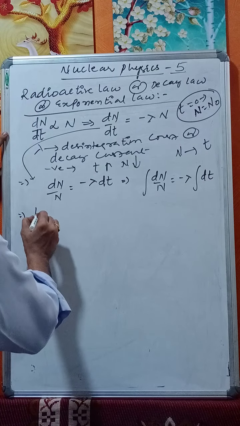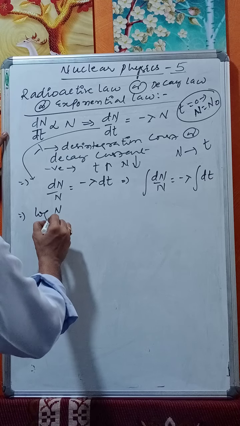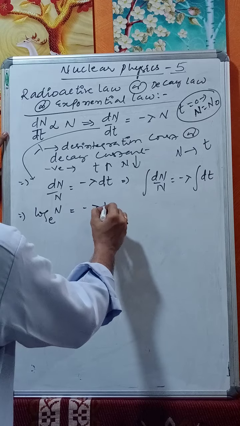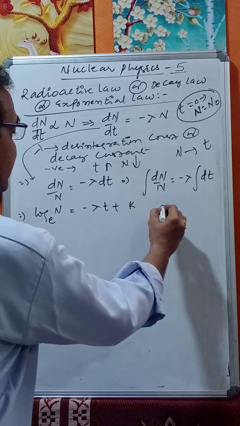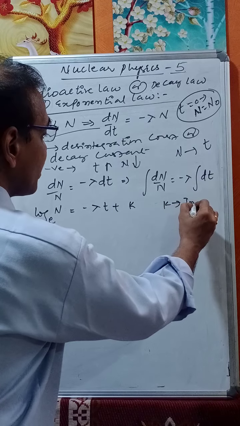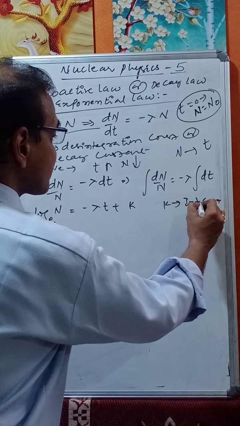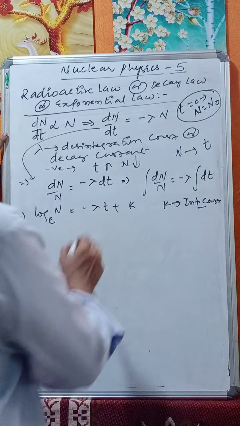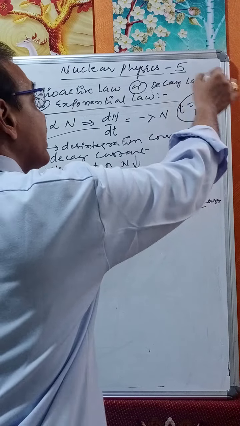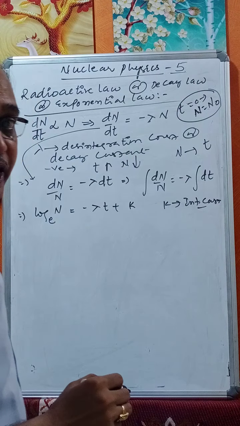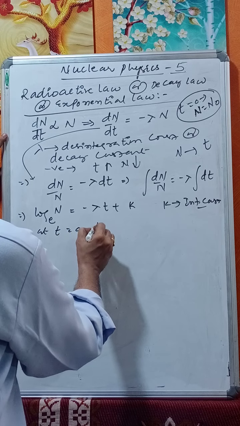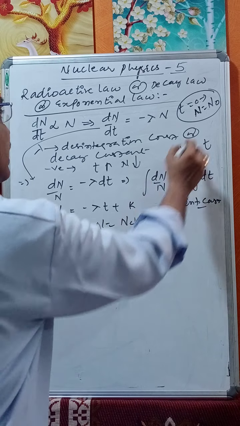This implies log N to the base e is equal to minus lambda t plus k. What is k here? K is the integration constant. How can we get the integration constant? Using the boundary conditions or given initial conditions. What are the conditions? At t equal to 0, N is equal to N naught.